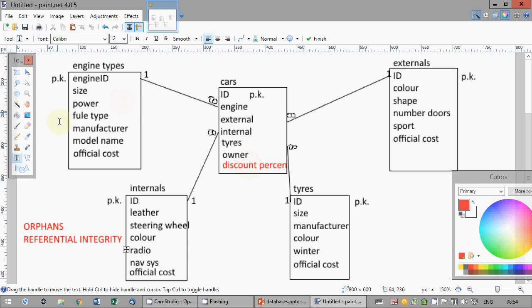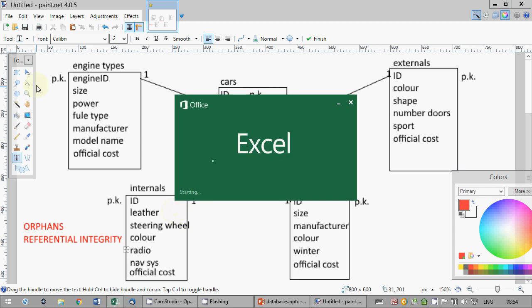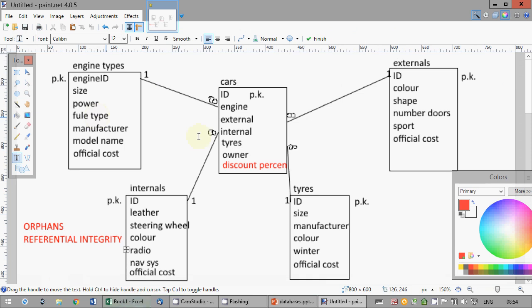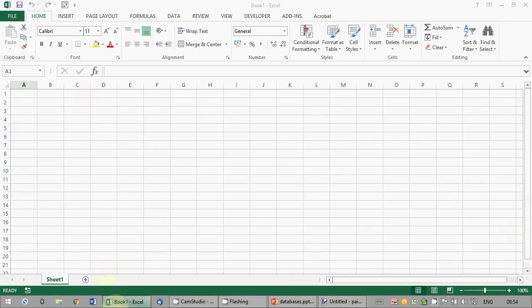However, if you remove a record from here, what happens to the cars which were booked last year, which still have a foreign key here with a reference to this engine type? Well, to make it clear, I will put only these two tables, the cars table and the engine table, in Excel, so you understand it better.